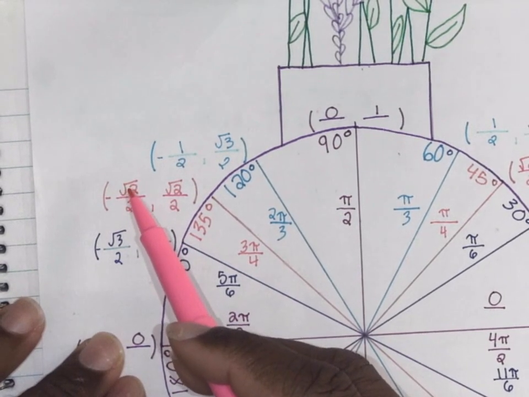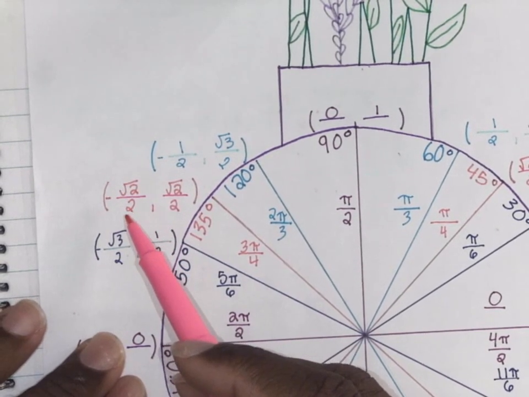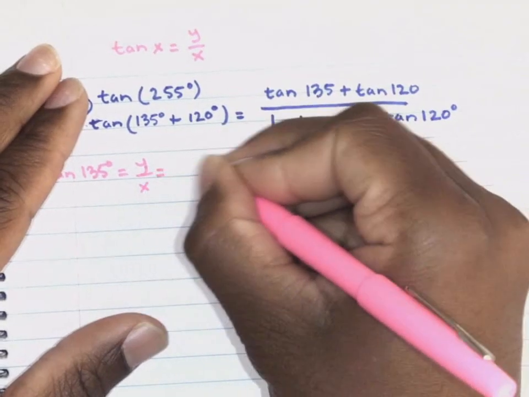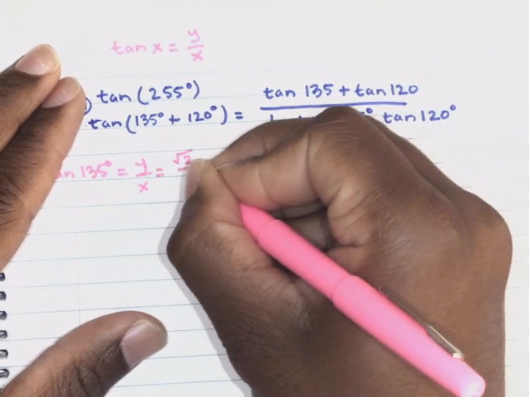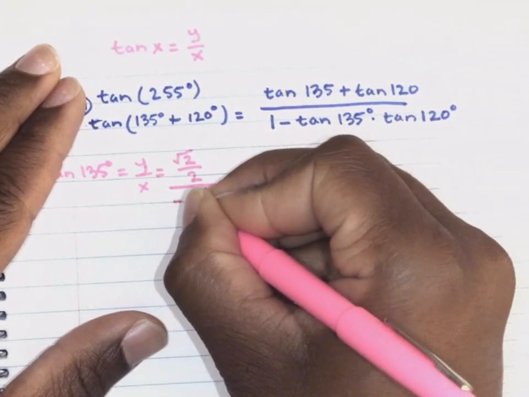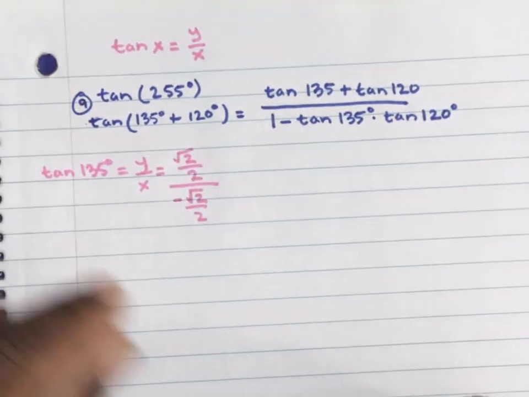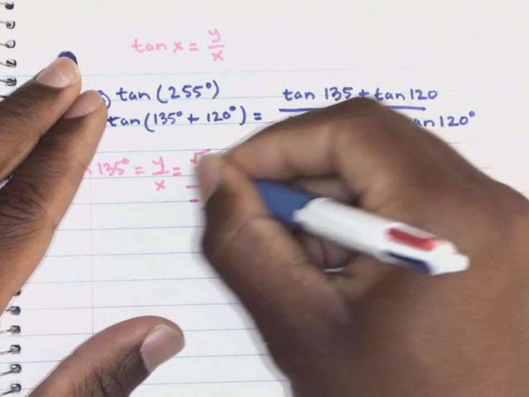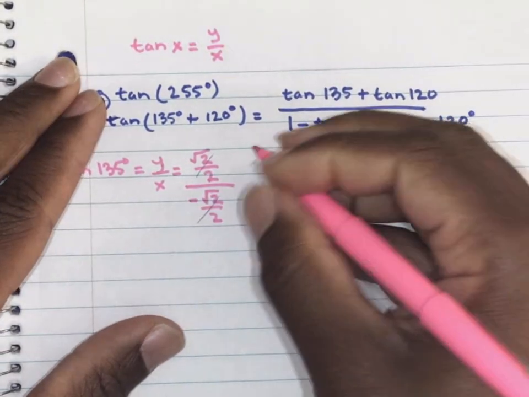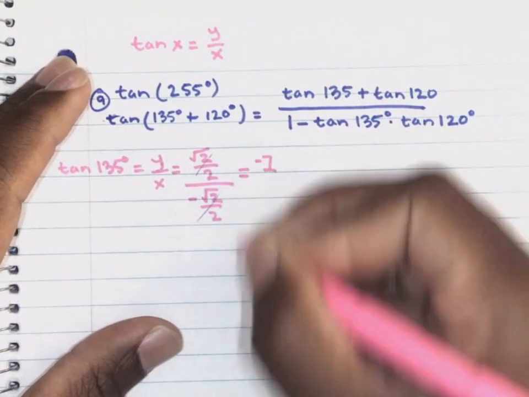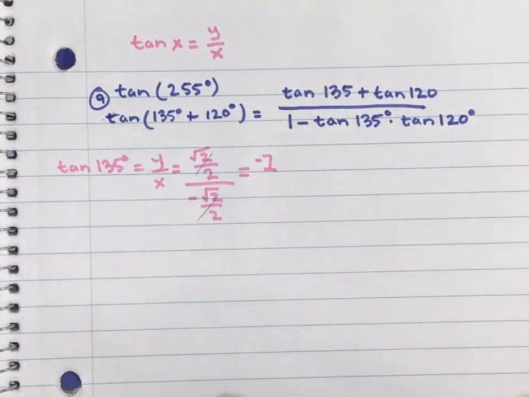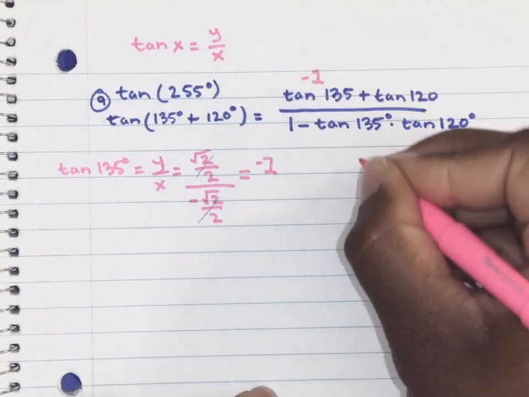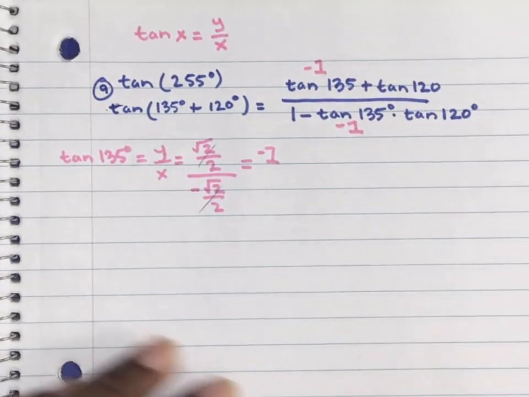So I'll get negative root 2 over 2 for my x, root 2 over 2 for my y. So what we get is root 2 over 2 divided by negative root 2 over 2. Now, these numbers are exactly the same, so what happens is they cancel out to equal just negative 1. Okay, so that's going to be my tangent of 135. This is going to be negative 1. This one's also going to be negative 1.